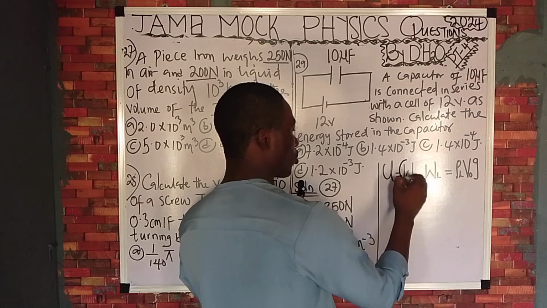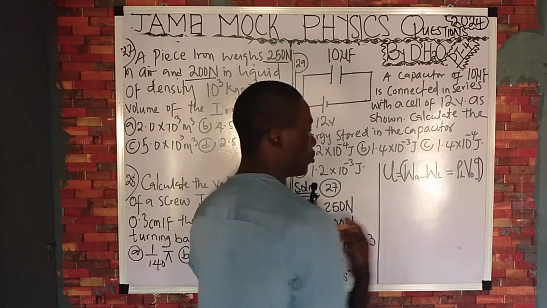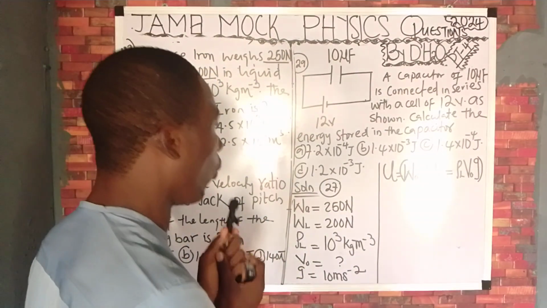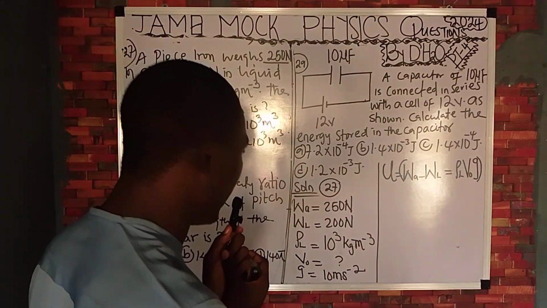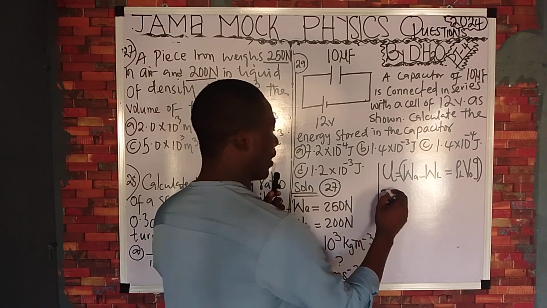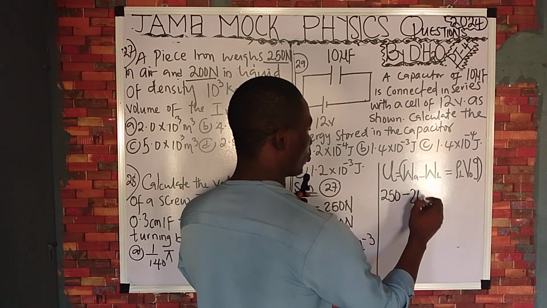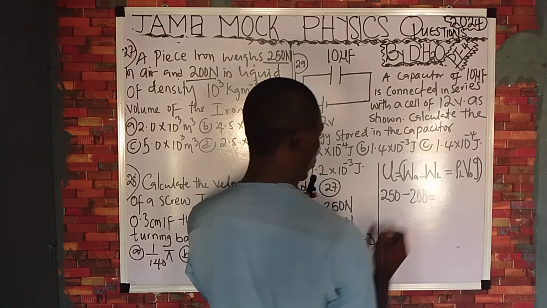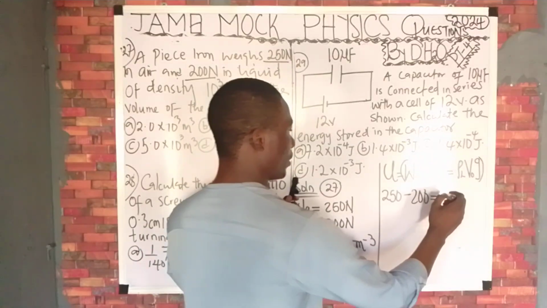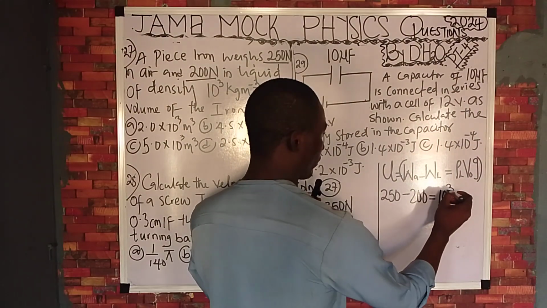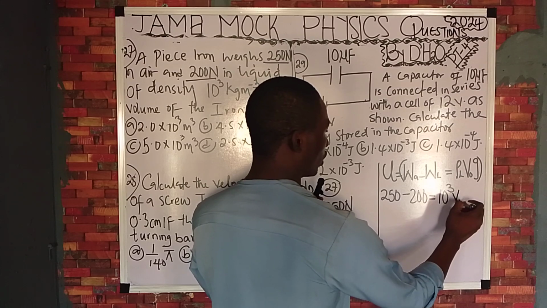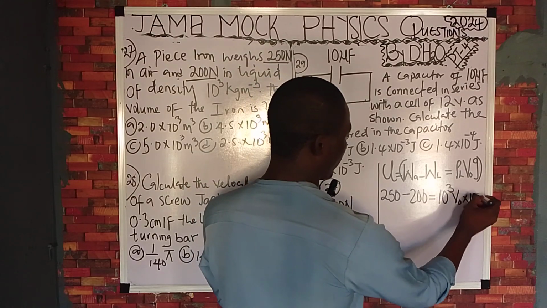Now we can equate these two together and use it to solve the question. What is the weight of the object in the air? It is 250. So we have 250 minus 200 equals the density of the liquid, 10 raised to the power of 3, times the volume of the object, which we don't know, times gravity.